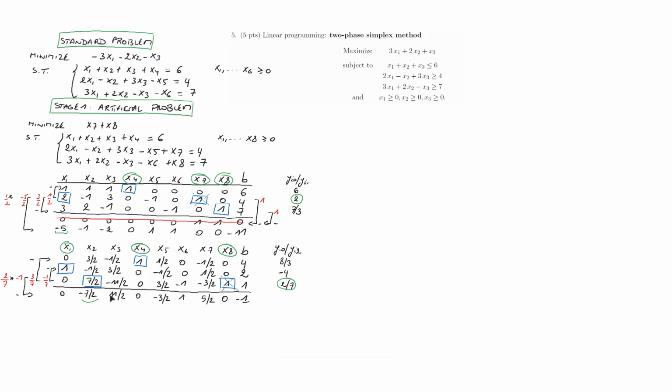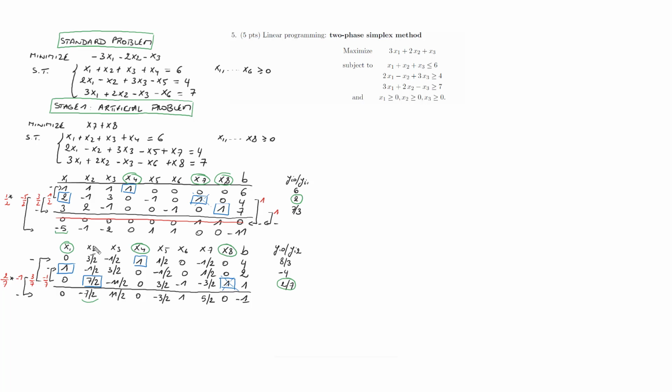Right, and here again we have the reduced costs. The most negative one is this one over here, so we know that x2 is going to join the base. We have to compute this column over here, and this column, well, you take the elements of this column here and you divide by the corresponding elements of the second column.